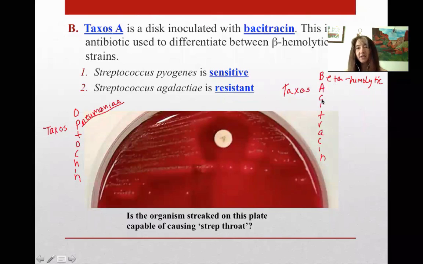So Taxos A, bacitracin, differentiates beta hemolytic streps and specifically Streptococcus pyogenes, the causative agent of strep throat, is sensitive to Taxos A.